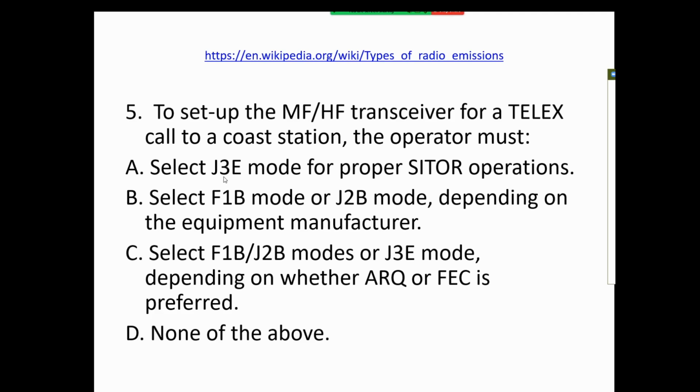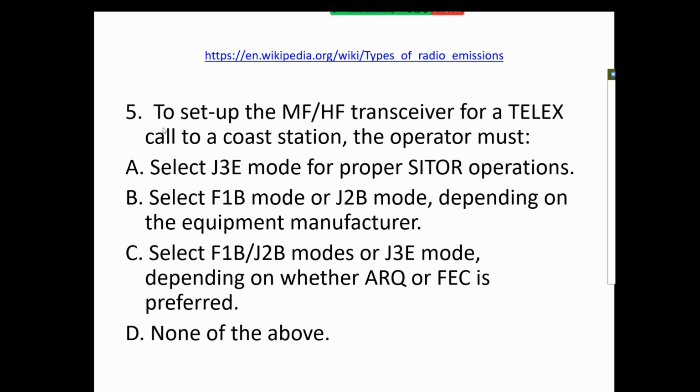Is it A, select J3E mode for proper SITOR operations? Again, that's a single sideband telephony, which is a voice. So telex doesn't sound like it's going to be voice. So this time I'm not going to pick that. And I see that C isn't repeating what it was before. B, select F1B mode or J2B mode, depending on the equipment manufacturer.